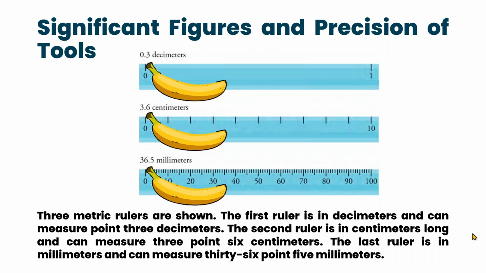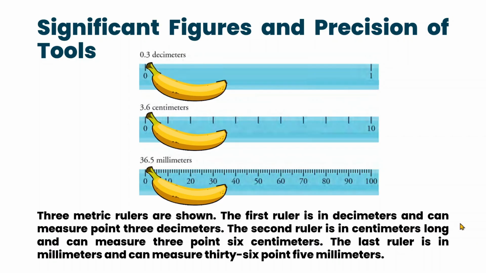And the last ruler is in millimeters and can measure 36.5 millimeters because it has many available measuring lines, and it can estimate more precisely compared to the two rulers above. So you see, the more measuring lines available, the more accurate is your measurement.